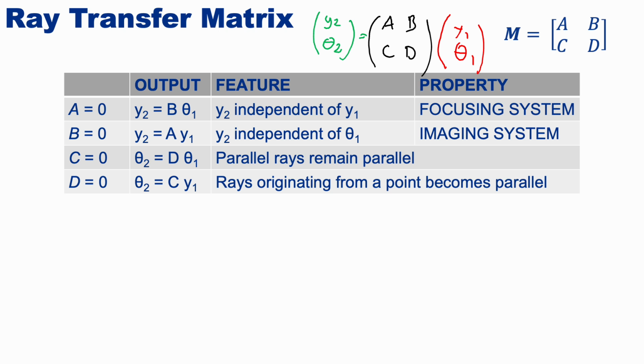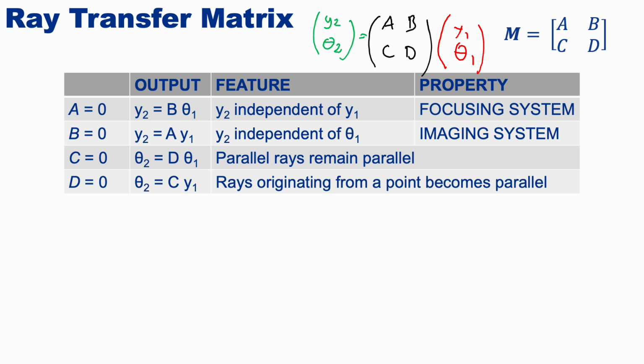The other case is when B is equal to 0. That means that the height in the output ray does not change with the incident angle, and this happens with imaging systems.